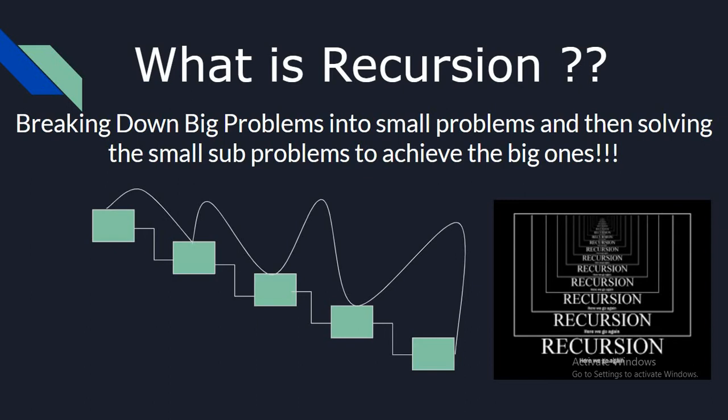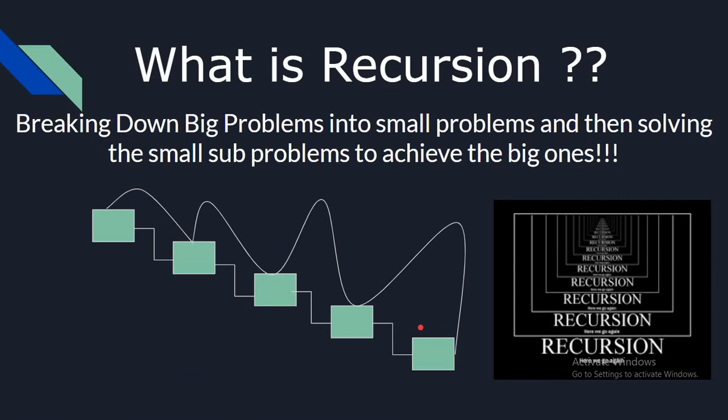So we break down that number into smaller numbers, and we go until we reach our base condition. We break the whole problem into smaller chunks, and we go until we reach a base condition.